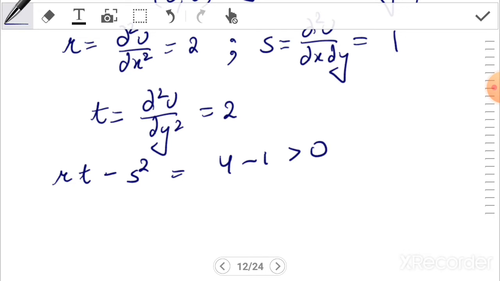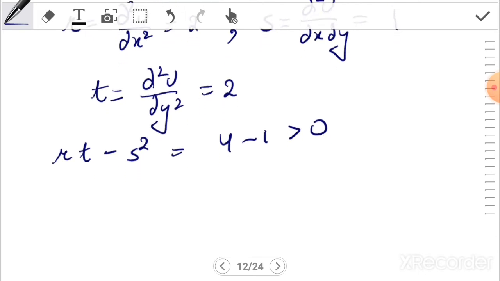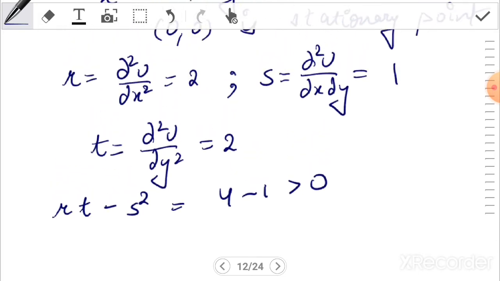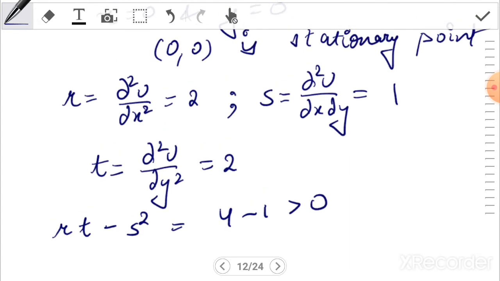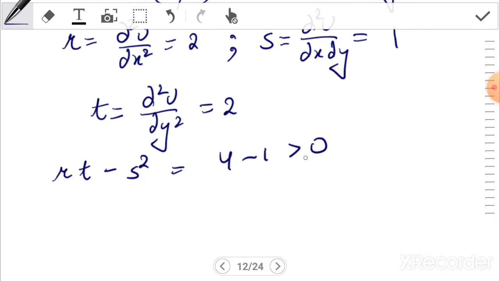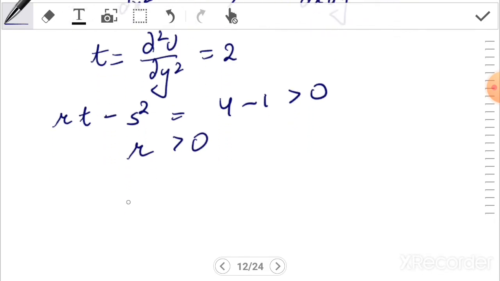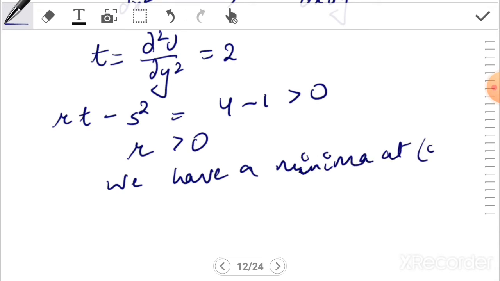So since r is also positive, so it is a minima at 0, 0. So rt minus s square is positive and r is also positive. So that means we have a minima at 0, 0.